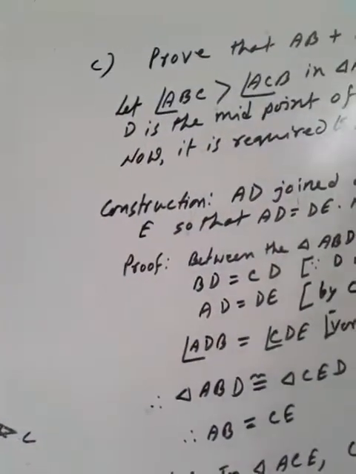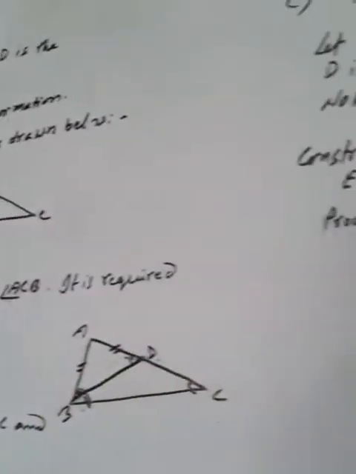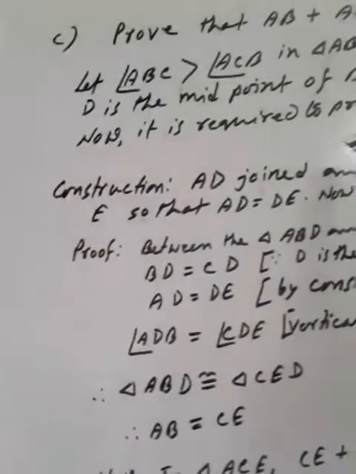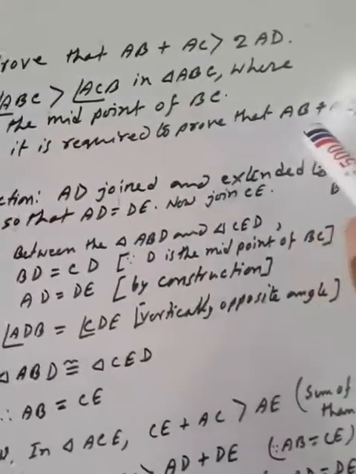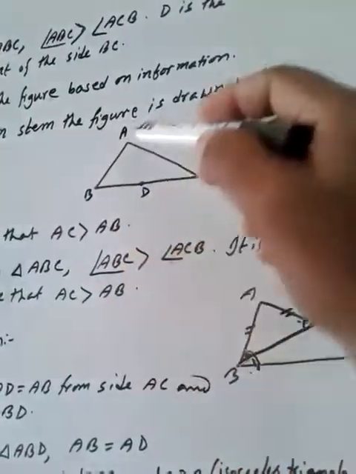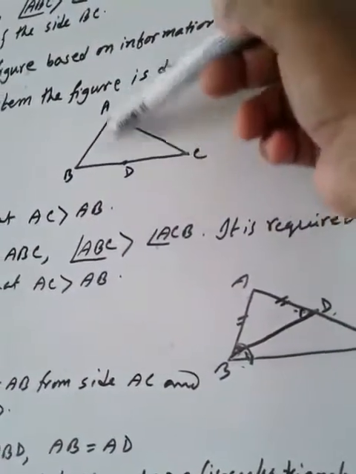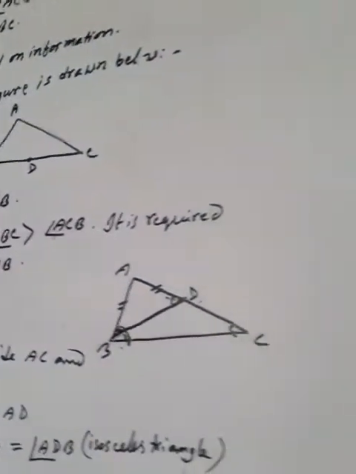D is the midpoint of BC. Now it is required to prove that AB plus AC is greater than twice AD. If we join AD, then we have to prove that it is greater than twice AD.